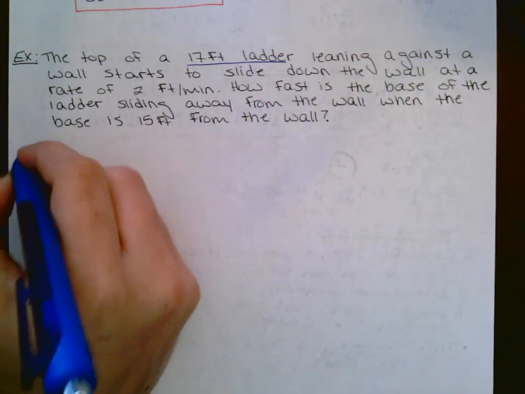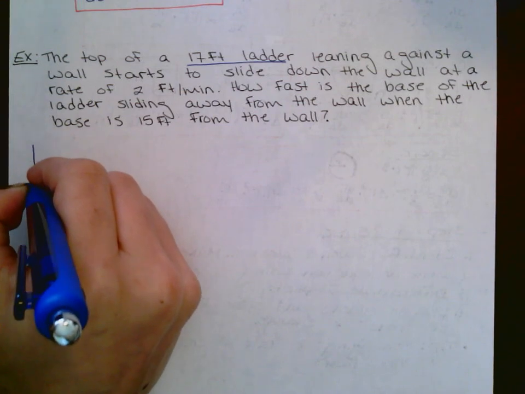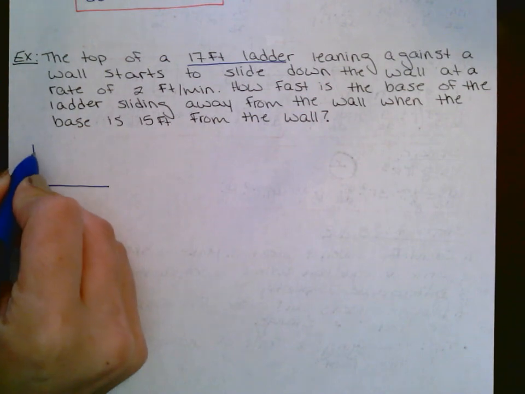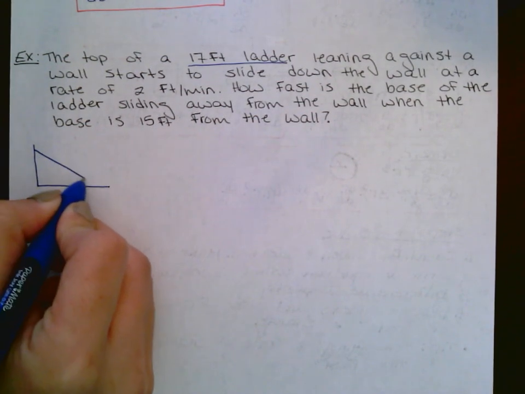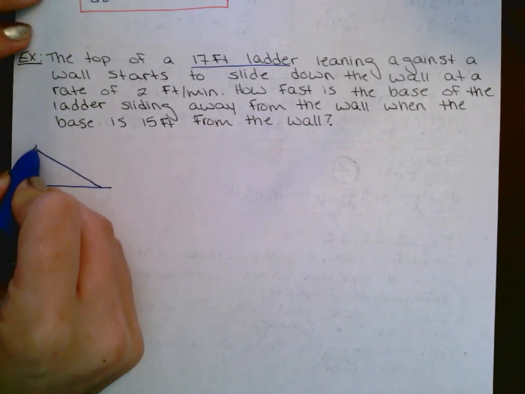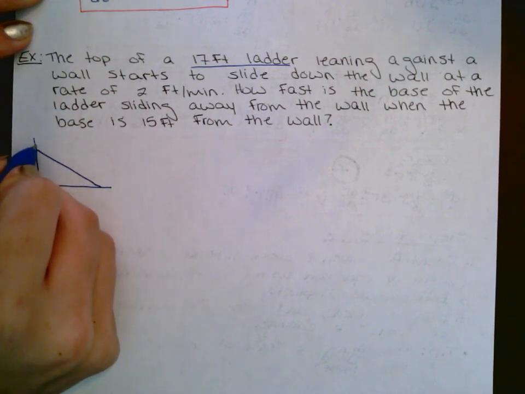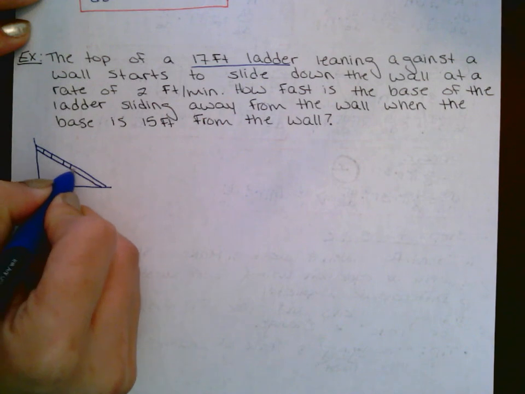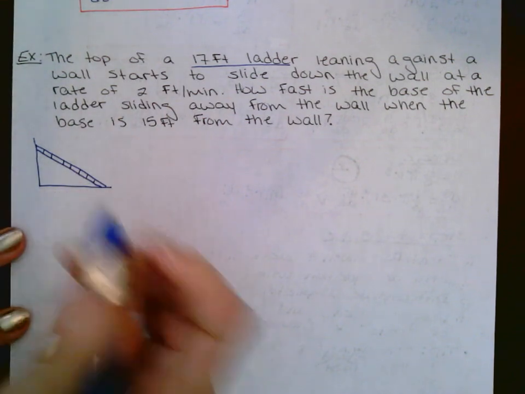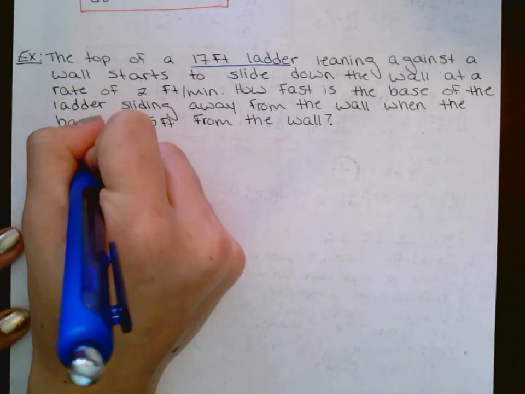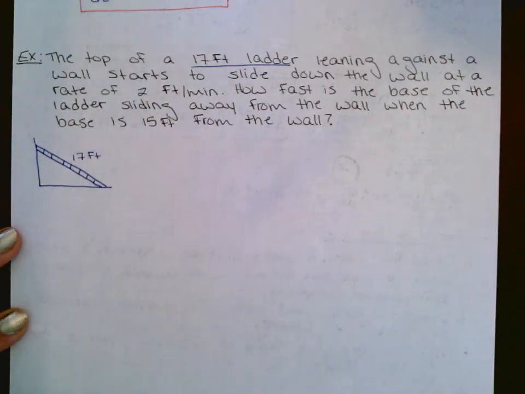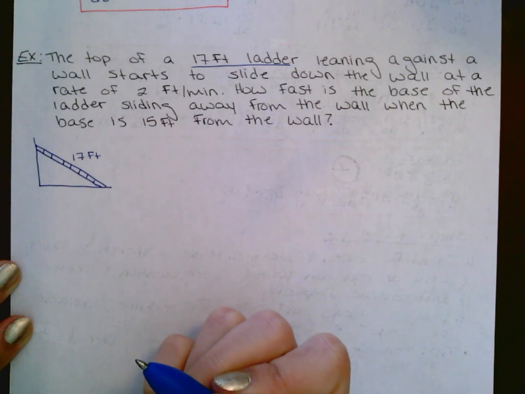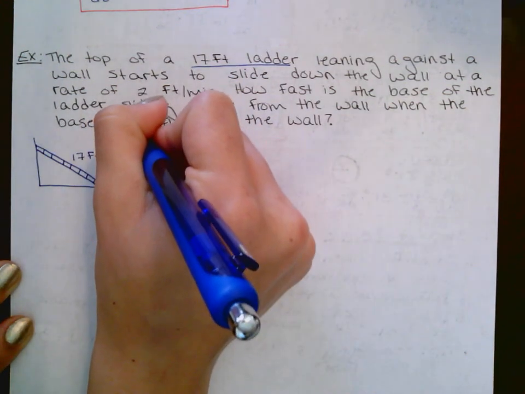So if I have a wall, and leaning on this wall I have a ladder, let's say this is my ladder right here. This ladder is 17 feet. So you can clearly see the shape we're making is a triangle.